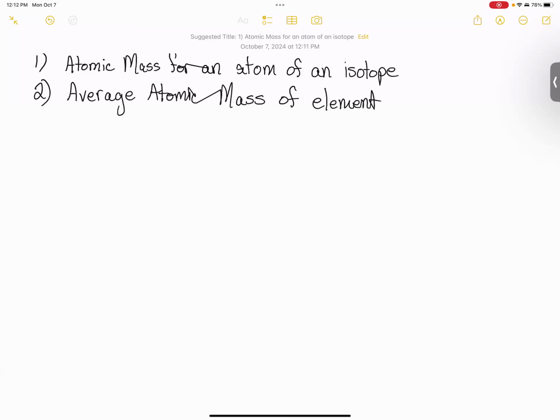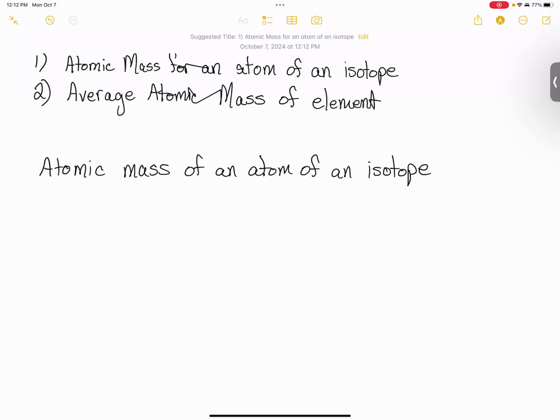So let's start with the atomic mass of an atom of an isotope. To illustrate this, let's look at oxygen 18.